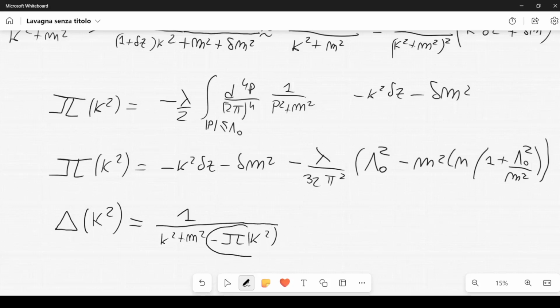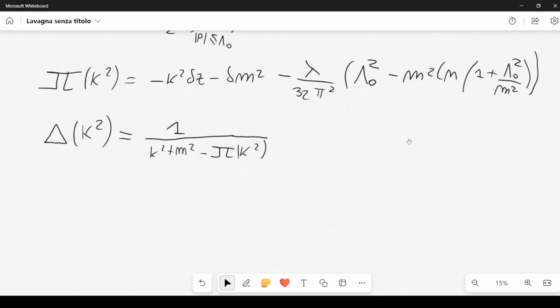So you have this additional contribution to the denominator that we derived in the previous video. And we want to require that this propagator has a simple pole when k squared is equal to minus m0 squared. Namely, m0 is the experimentally measured mass. So that's why I'm calling it m0 squared.